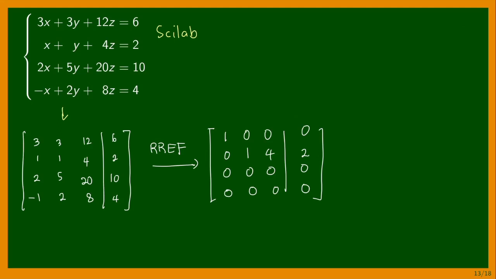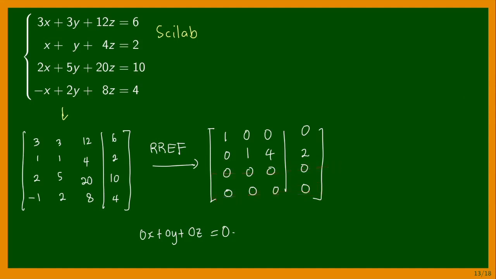Because the zero rows are nothing but equations of the form 0x plus 0y plus 0z equals 0. This equation is true for all x, y, and z, so it has no conditions at all. In other words, in this linear system, these last two equations don't say anything, so you can just ignore them.